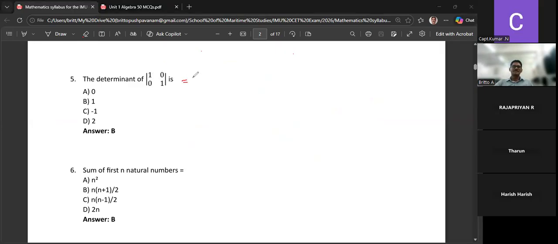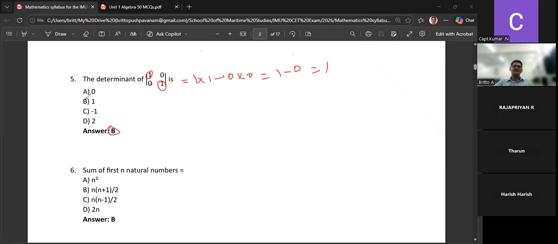You know how to expand the determinant. You find the product of the diagonal, that is 1 into 1, minus the product of the other diagonal, which is 0 into 0. So 1 minus 0 is equal to 1, right? These are all simple questions only.